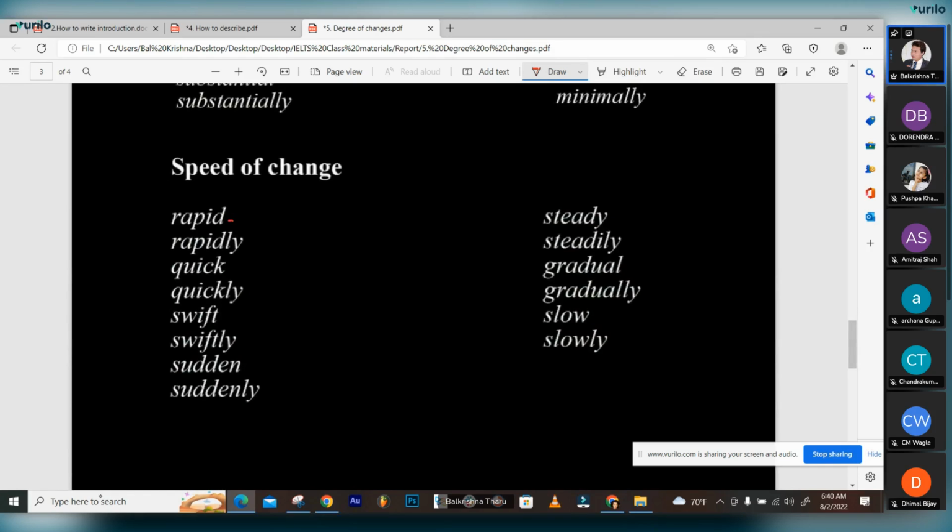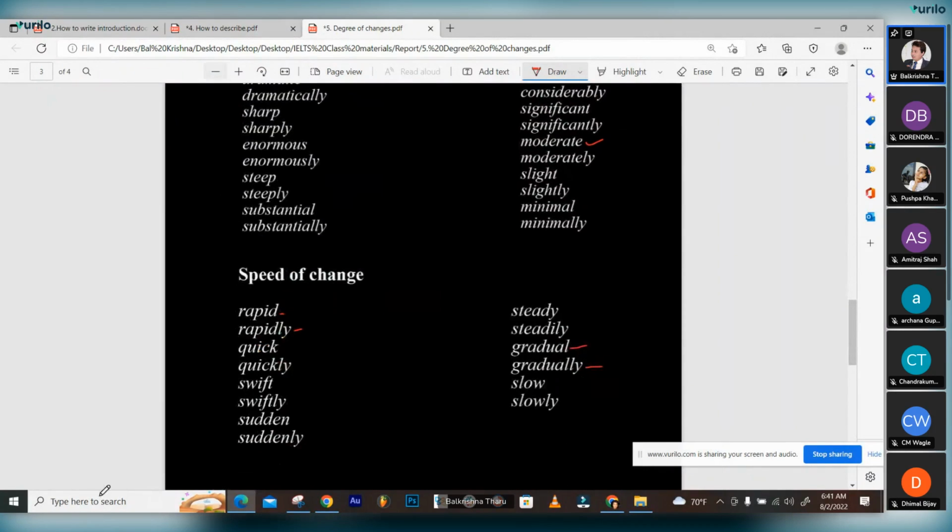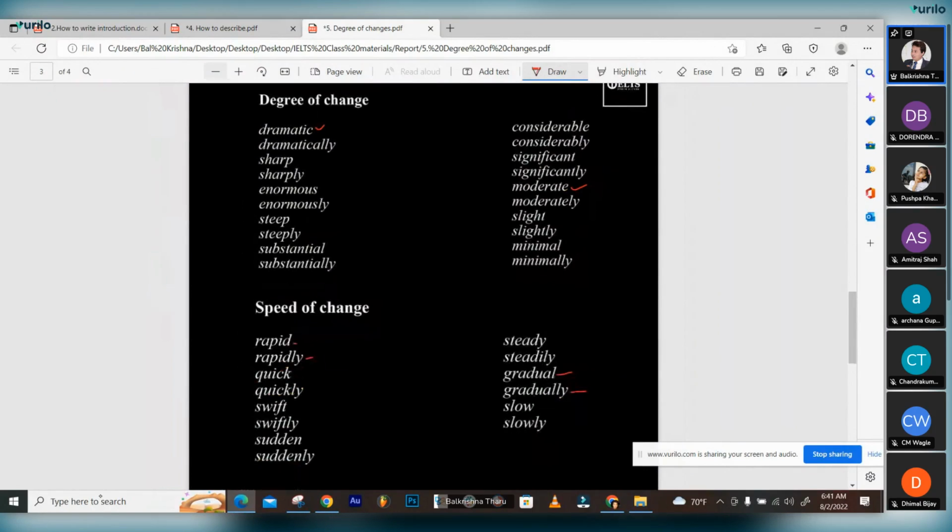There was a rapid increment in the number of students. The number of students rapidly increased. The number of consumers gradually decreased. There was a gradual increment in the number of consumers. So this is how we use degree of change and the speed of change.